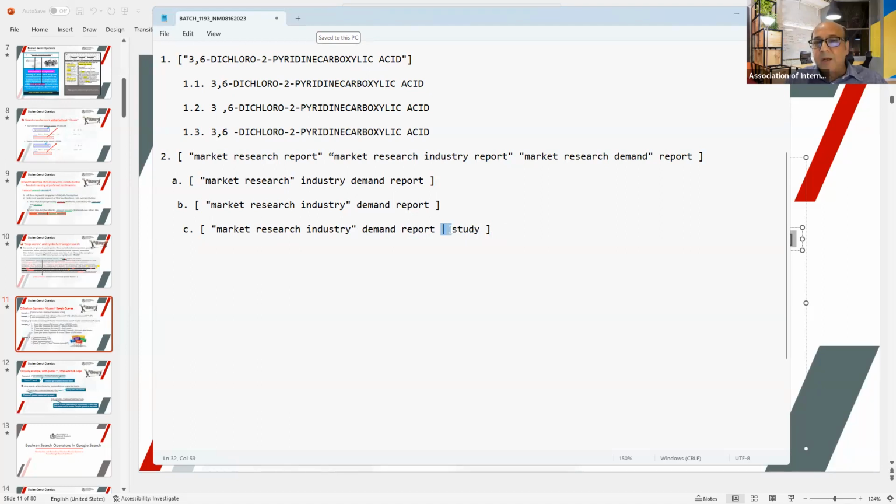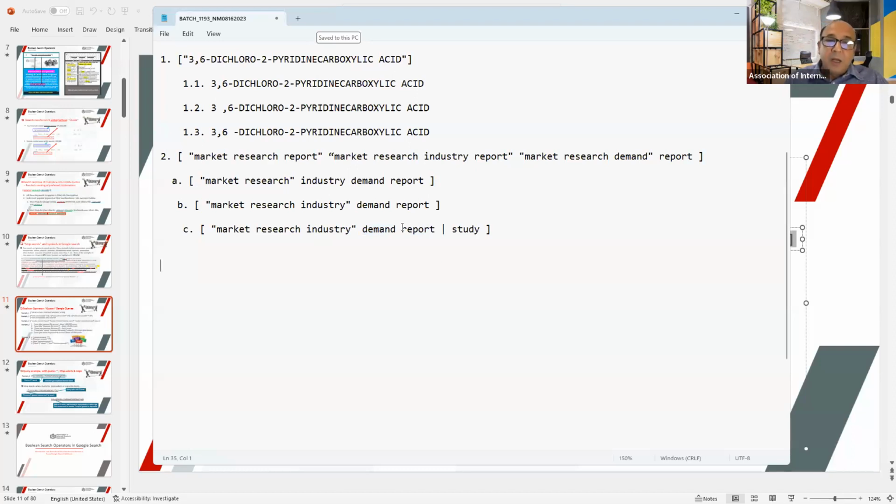Even though we have used or to compare it with the word report, given the option that find either study or report, yet the search engine might think demand report could be one term and study could be another. So study is not going anywhere, except that the meaning of the word report gets changed, because there's no guarantee without quotes that these two won't connect automatically or be assumed to be two words together.